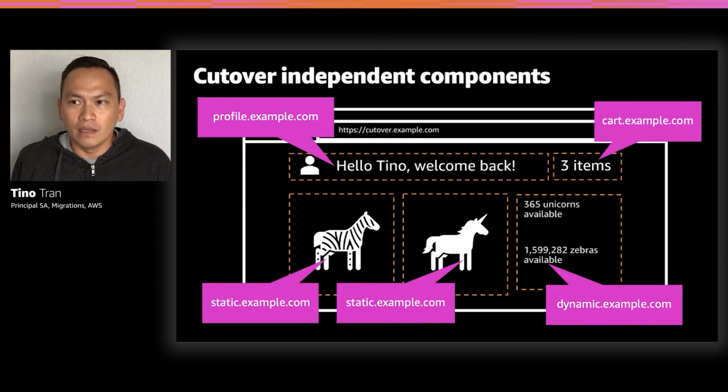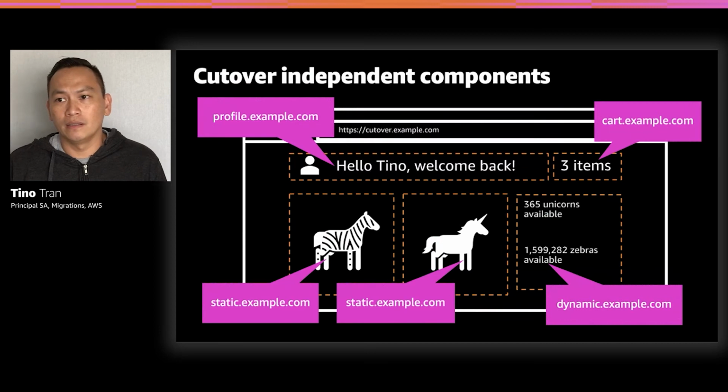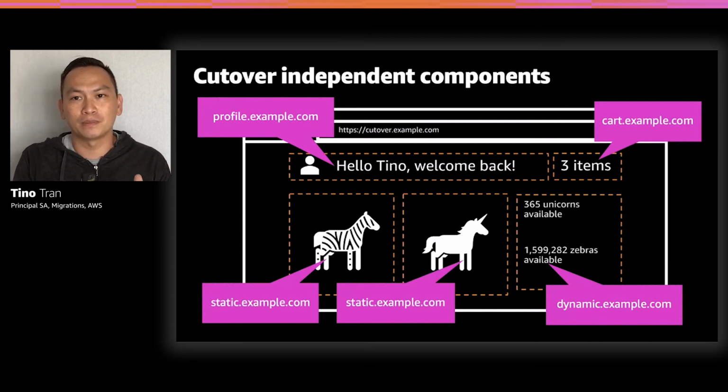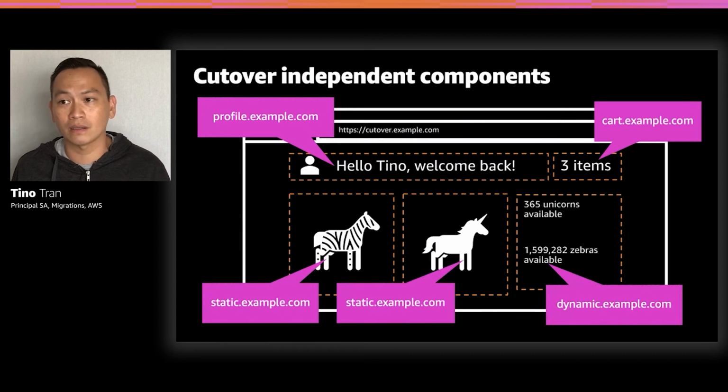If you leverage subdomaining, this will simplify your life when you're trying to move individual components within an application. In this example, I have a separate subdomain for the profile service, a separate domain for the cart service, a separate domain for the dynamic content, as well as the static content.